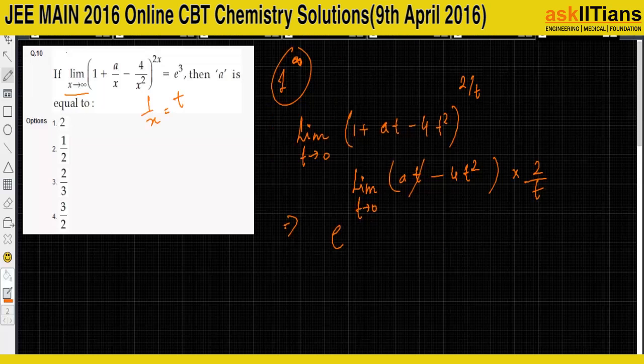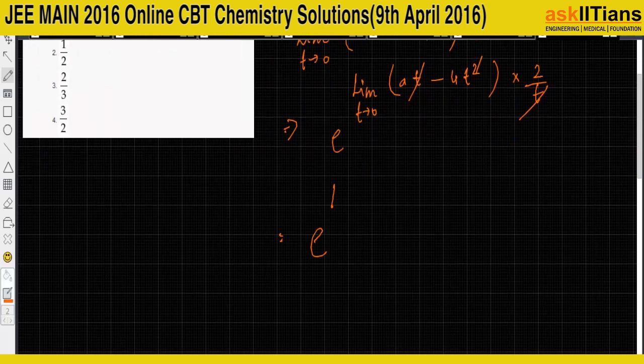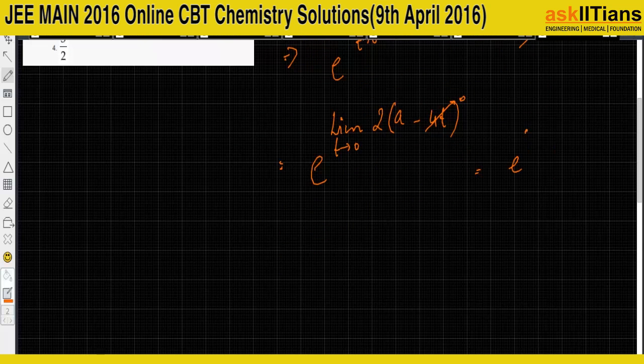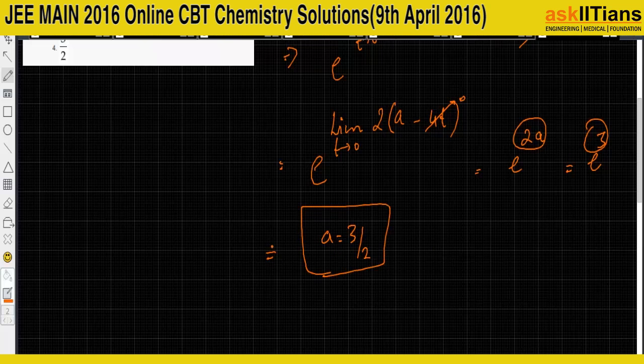So t will get cancelled, so basically I'll get e to the power limit t tending to 0 of (a minus 4t) into 2. Now t is tending to 0, so this term will go away, so I'll get e power 2a. Now in the question it is given that this is equal to e cube. If I compare, 2a will be equal to 3, so a will be equal to 3 by 2. So your final answer is a equal to 3 by 2.